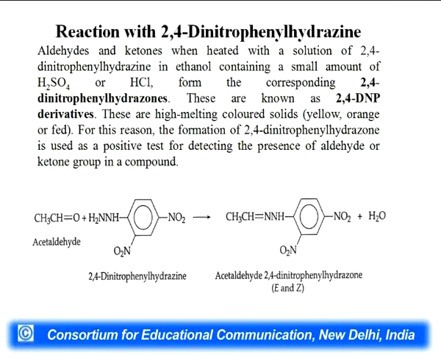These are high melting colored solids: yellow, orange or red. For this reason the formation of a 2,4-DNP derivative is used as a positive test for the detection of the presence of aldehydes or ketones in a given organic compound in the analysis of organic compounds.